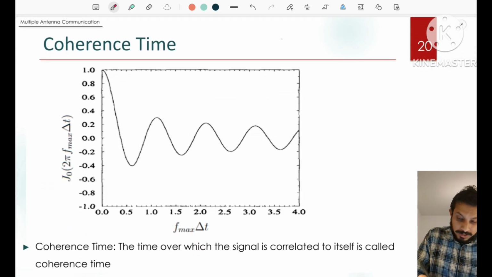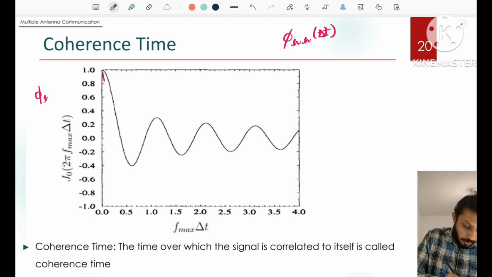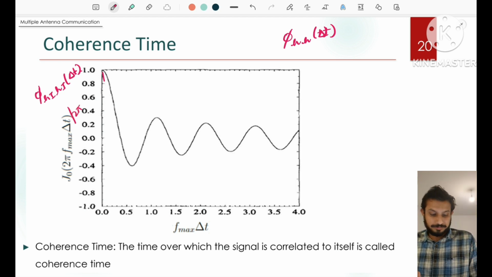So now to study the correlation of the channel with itself, we just need to study this figure, which shows the correlation of Hi of delta t. And this is J naught, normalized by 2 pi.